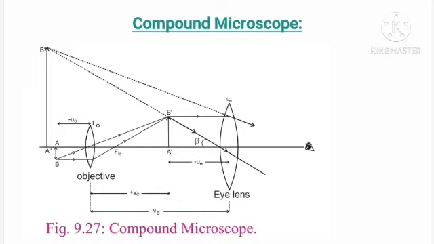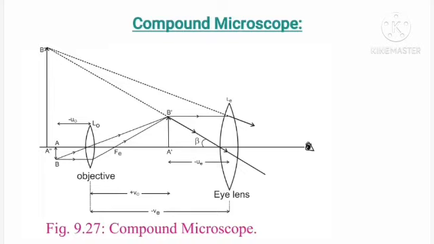So because of this, a very large magnification can be seen. The rays from the object will create an image A'B' through the objective.